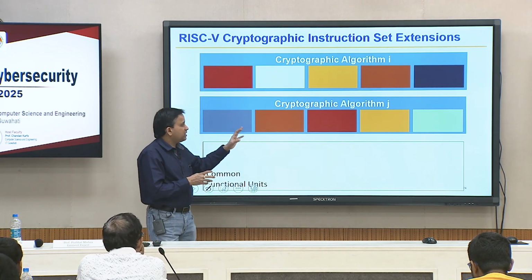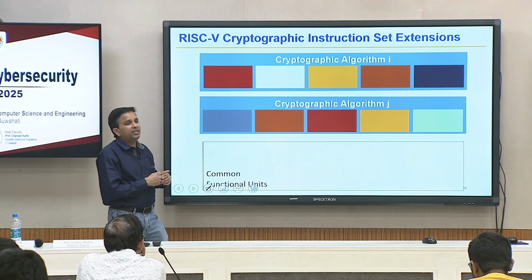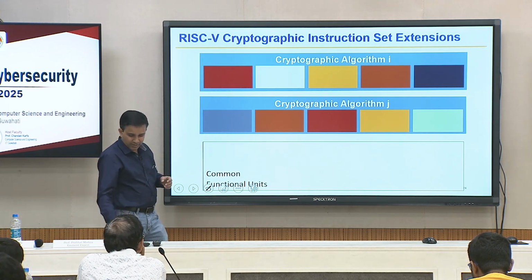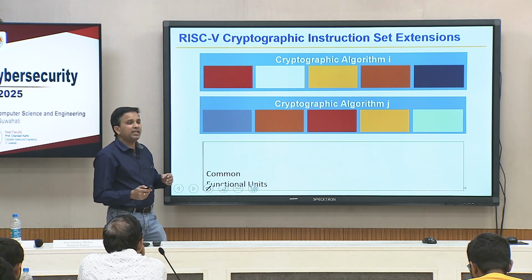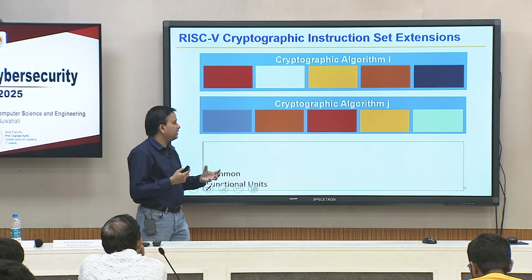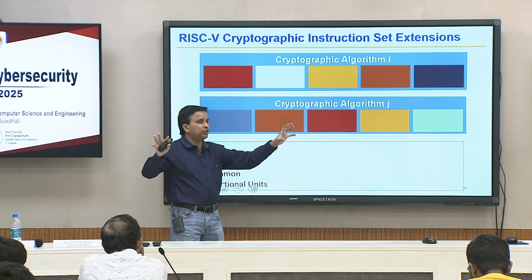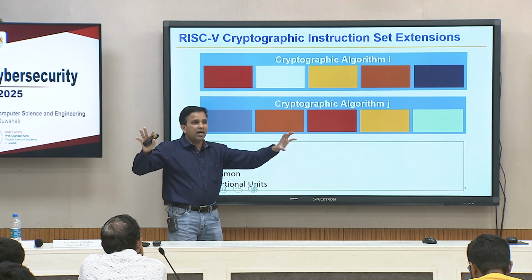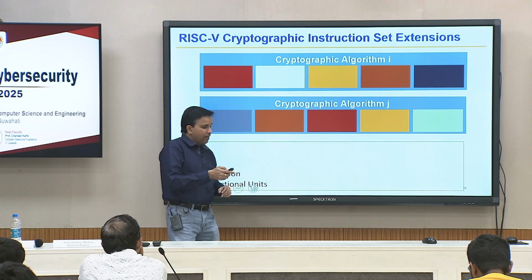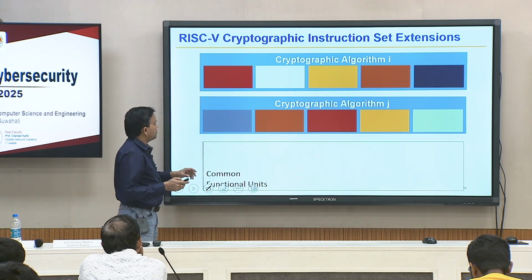So that is why the RISC-V community came up with this idea of cryptographic instruction set extension, where you have a set of instructions and some modules to combine the advantages of software cryptographic libraries and hardware cryptographic modules. Let me do this animation to see if it works.